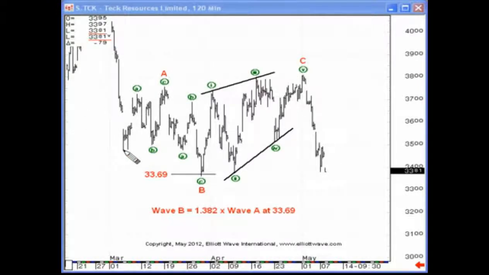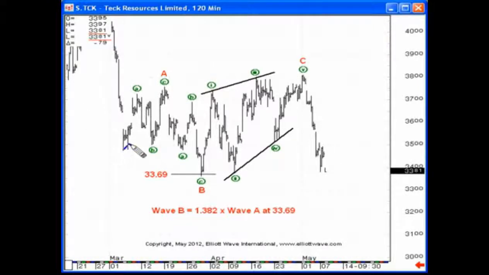Now in this instance here, from this extreme, we have waves A, B, and C, a 3-wave move up for wave A, and then we have waves A, B, C for wave B, and again at 33.69 that's where wave B equals a 1.382 multiple of wave A. Thus this is the area we would like to see prices reverse from.